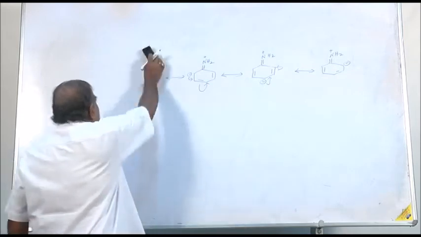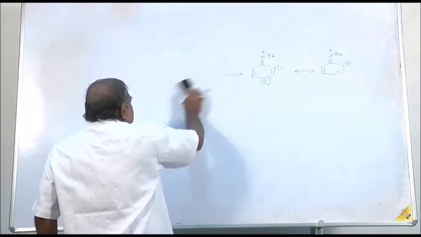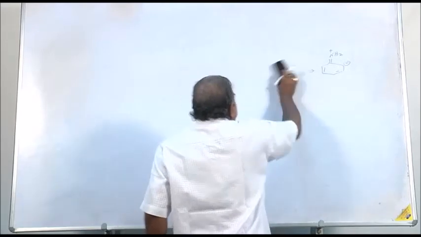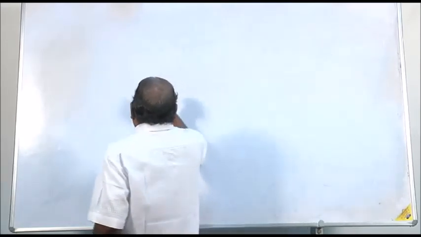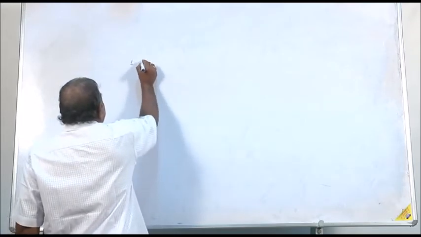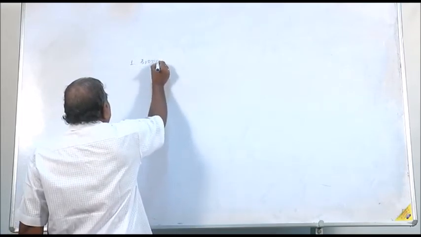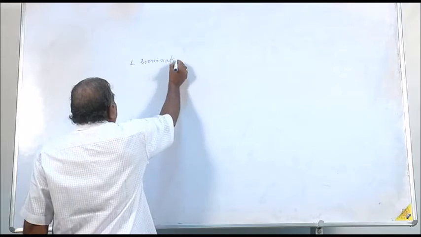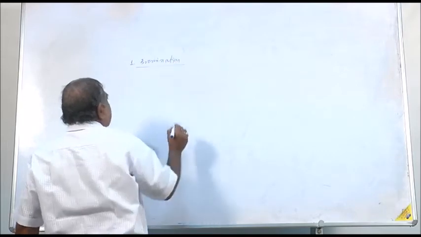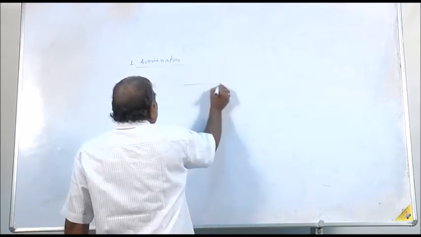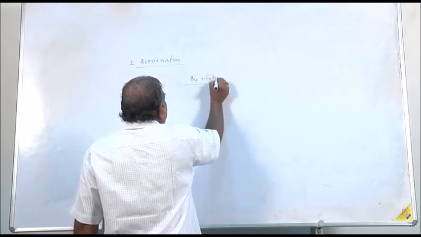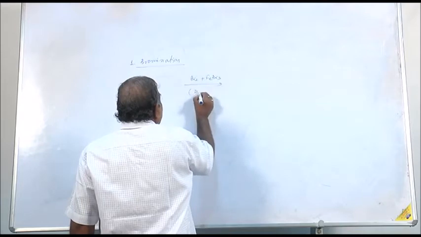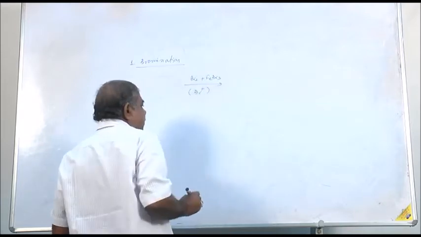We will discuss now a few of its electrophilic substitution reactions. Number 1, bromination. When aniline is treated with bromine in presence of ferric bromide, here electrophile is Br plus.